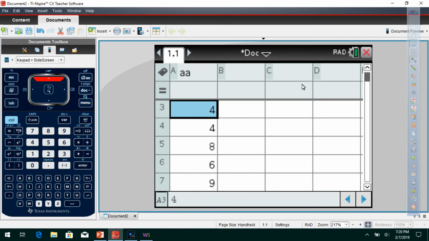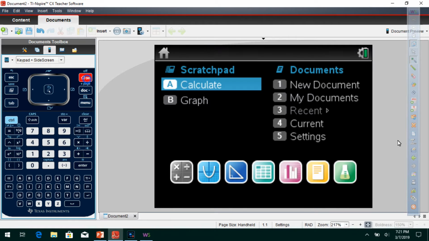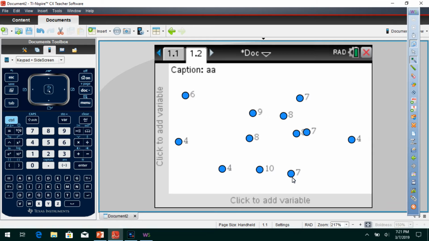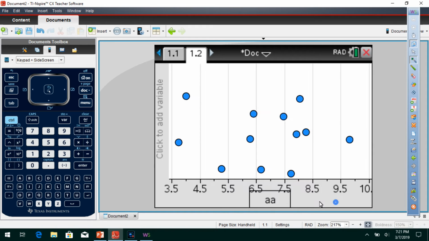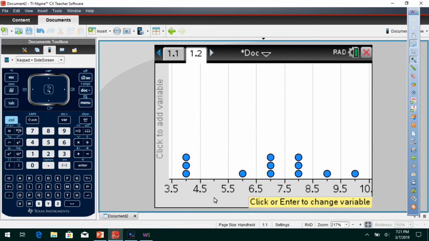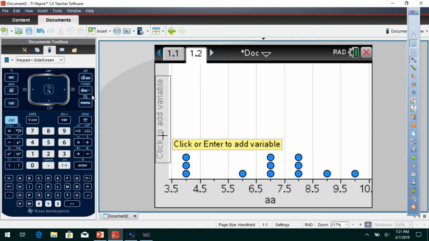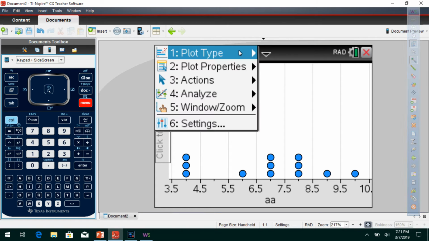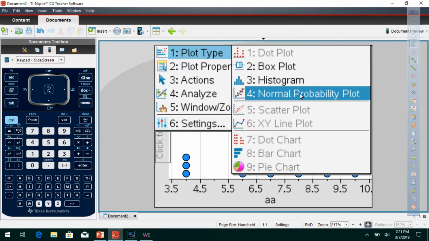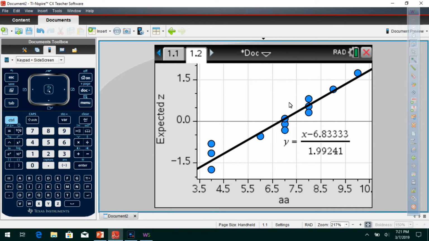All right. So next, we'll go here to graph, and we'll hit AA. All right. Now let's go to menu, plot type, for normal probability.